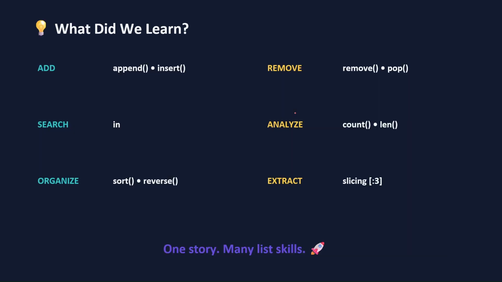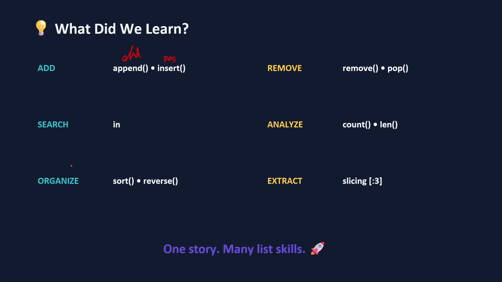Okay, so what did we learn so far? First, we saw how to add elements to the list. For that there was append and insert, and I already told you the difference: append will add to the end of the list, and insert will add at the exact position.